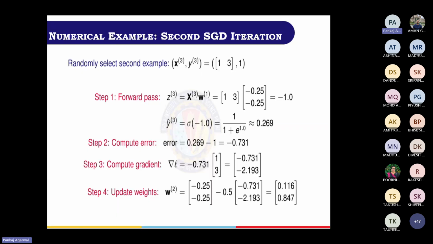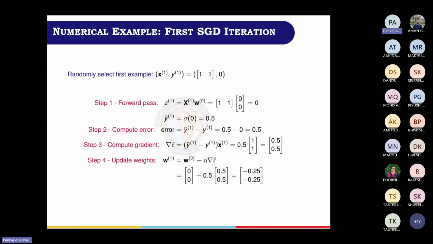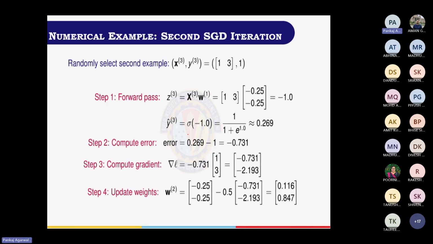Then you randomly select another input, for example. So what you got is the updated weights to be this one for a randomly taken input. Then you again randomly choose another example, suppose this one, 1, 3, and this was the output. So again, you do the same forward pass, right? I hope everyone now understands the forward pass.